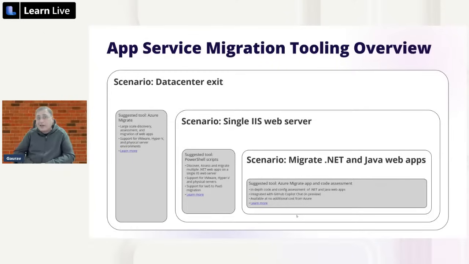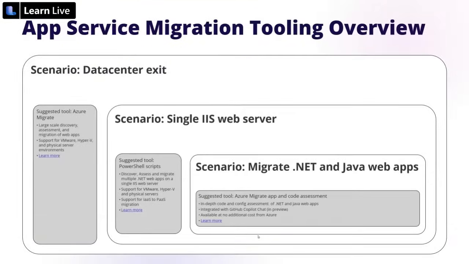So we let you discover every individual .NET web application in your data center. Once that's done, you could go ahead and do an assessment for all of these individual web applications. In this scenario, the assessment is primarily based on the configuration of your web application.